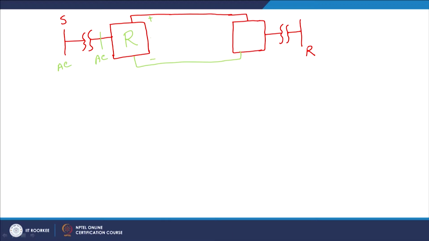We say that this is VDR, the DC voltage at the rectifier side, and because of this DC voltage some current ID flows. ID is nothing but the DC current. So, VDR is the DC voltage at the rectifier.